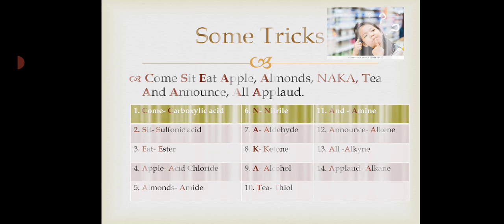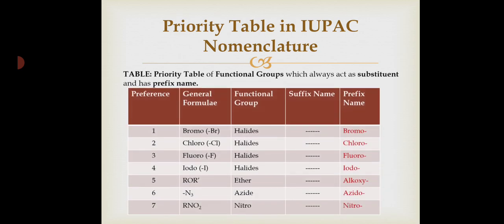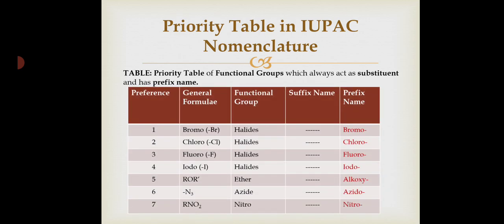So let's go to the priority table of the functional groups which always come as substituents and whose name comes in the prefix. We have seen in part 7 that halides, ether, azide, nitro are the functional groups whose name always comes in the prefix.